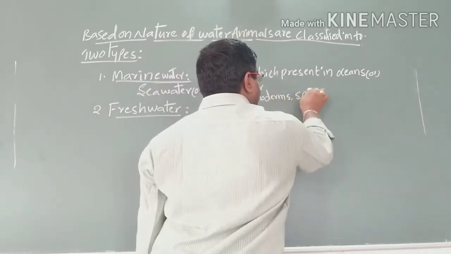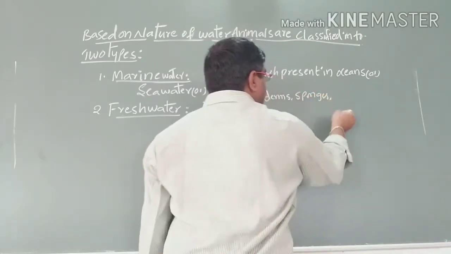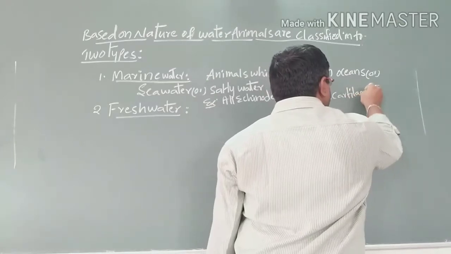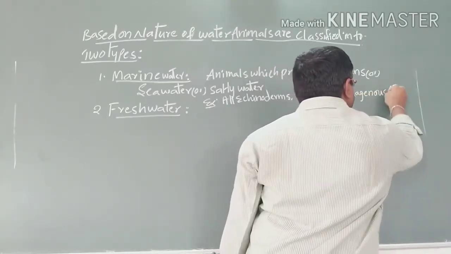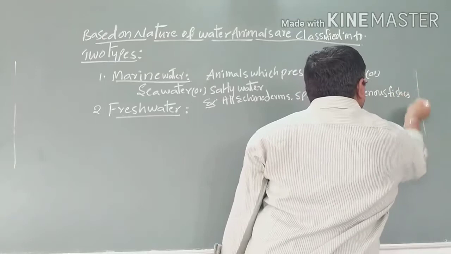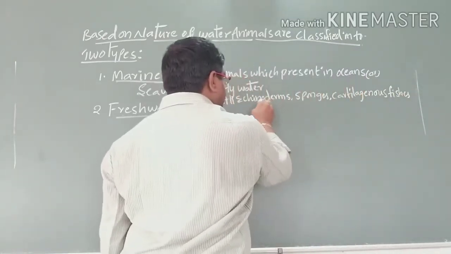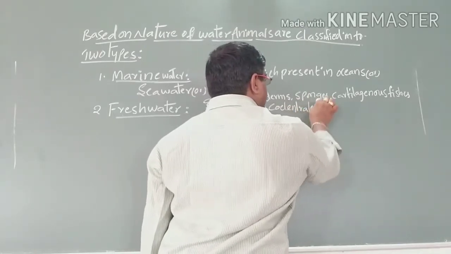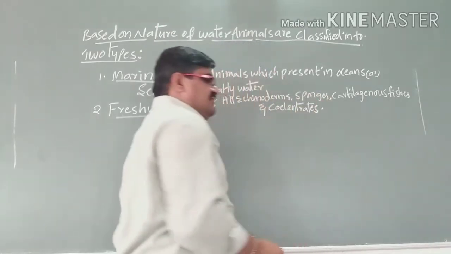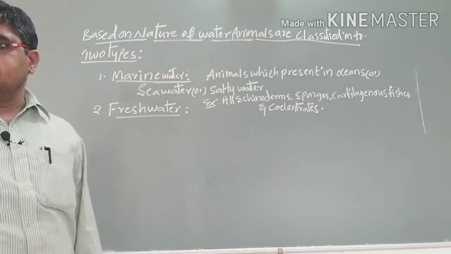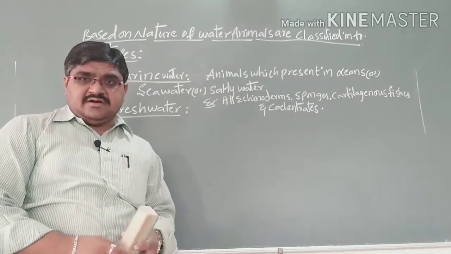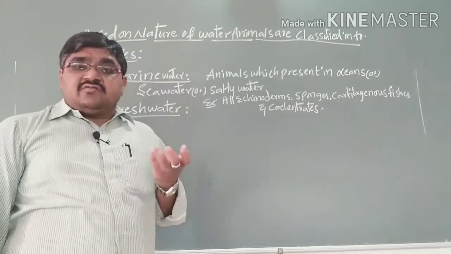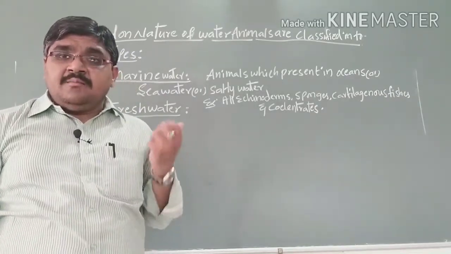The sponges, the cartilaginous fishes, and the coelenterates. So these are the animals present in salty water. That means the water contains a large amount of salts and is not helpful for drinking purposes.